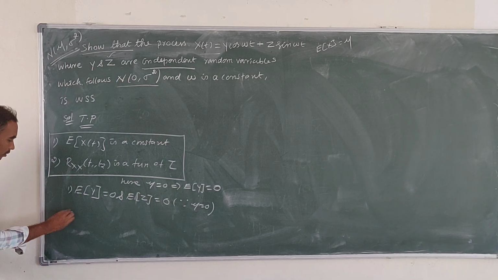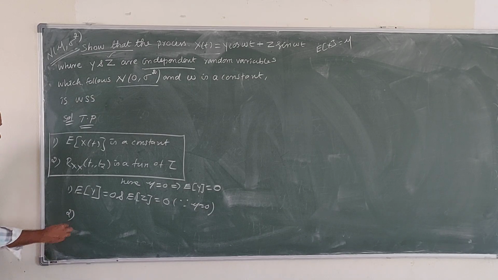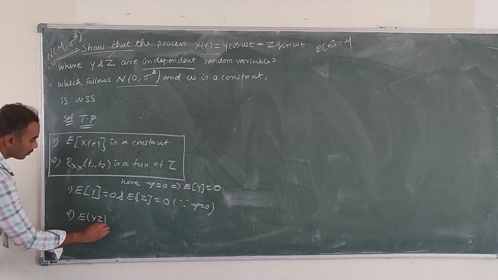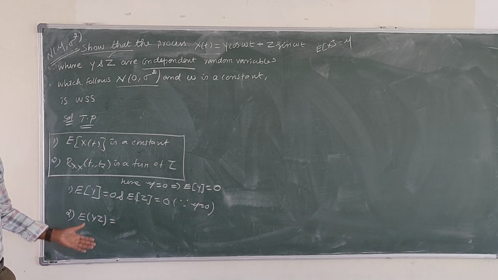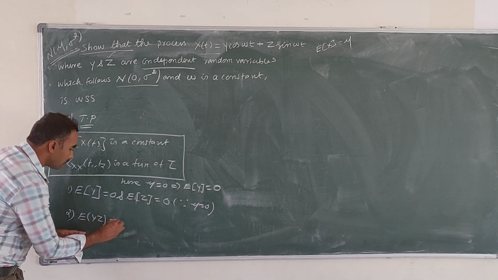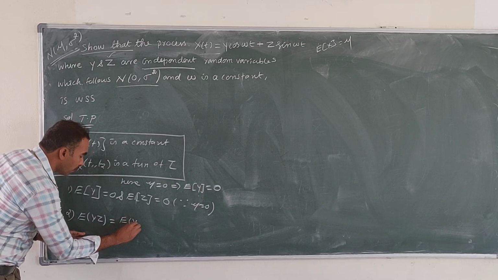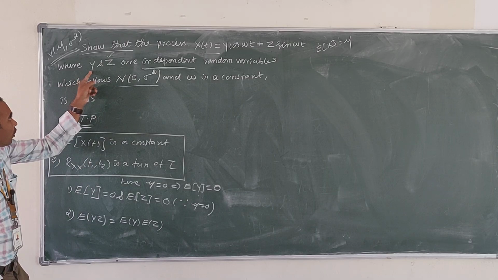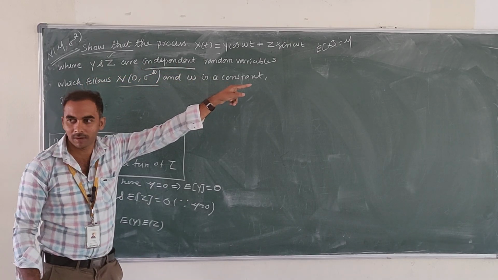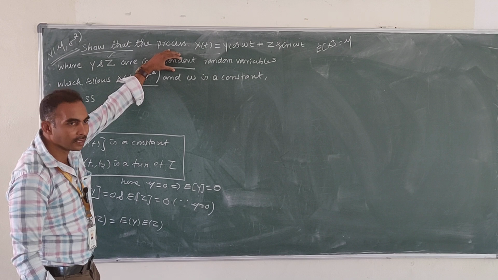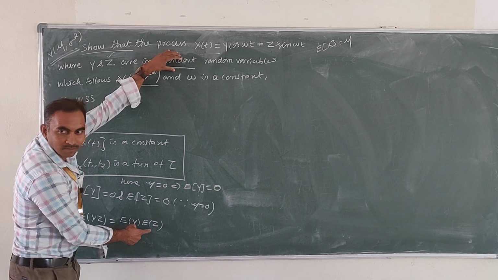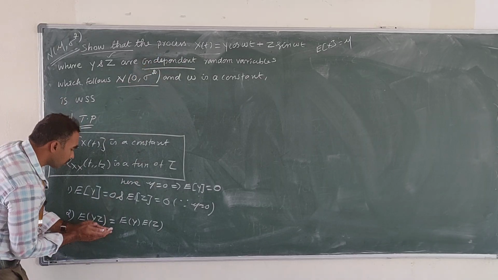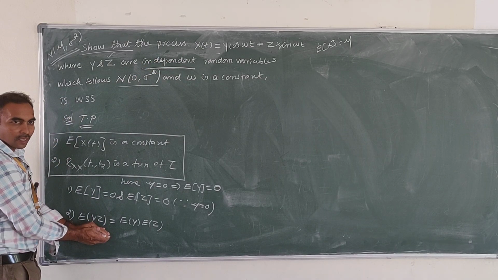Next, second, E[YZ], the expectation of YZ. We have the formula E[Y]E[Z], because Y and Z are independent random variables. If they didn't give that they are independent, we can't split like this. Only for independent variables can we split like this. Otherwise, we have to keep it as it is.